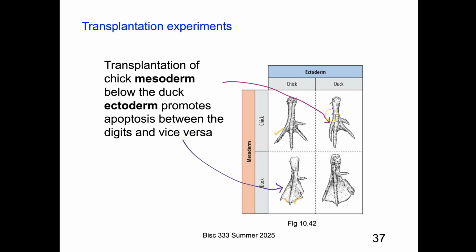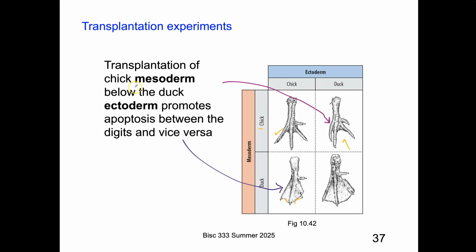In the duck, the ectoderm combined with the chick mesoderm gives you a duck who doesn't swim very well. It's okay because it's being looked after, but it can't swim very well because it's missing the webbing, and of course, normal duck ectoderm and mesoderm gives you the normal feet.